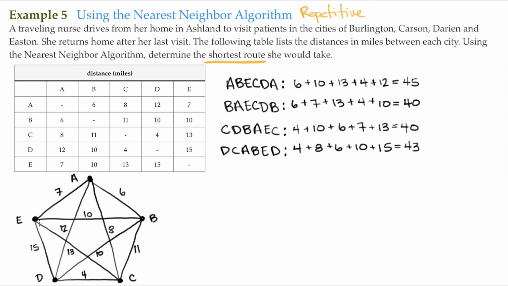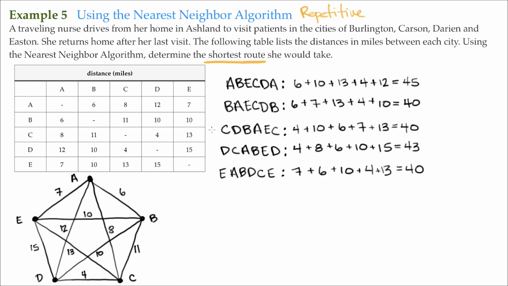So we'll finish off with E. If we started at E, E up to A to B, B down to D, D to C, and then C to E. That gives us 7 plus 6 plus 10, then 4, and then 13. Tally it all up, and this also comes out to be 40.